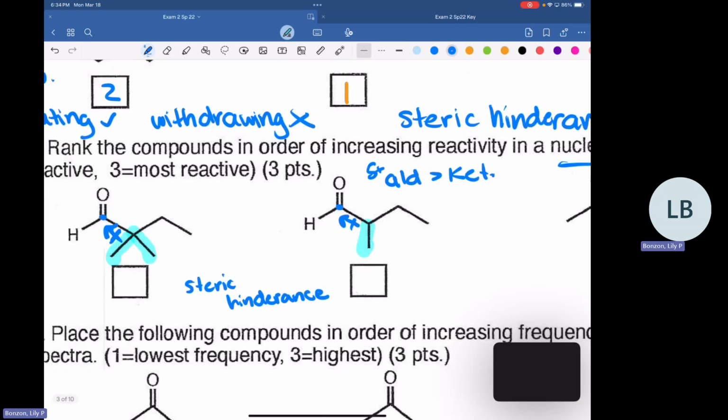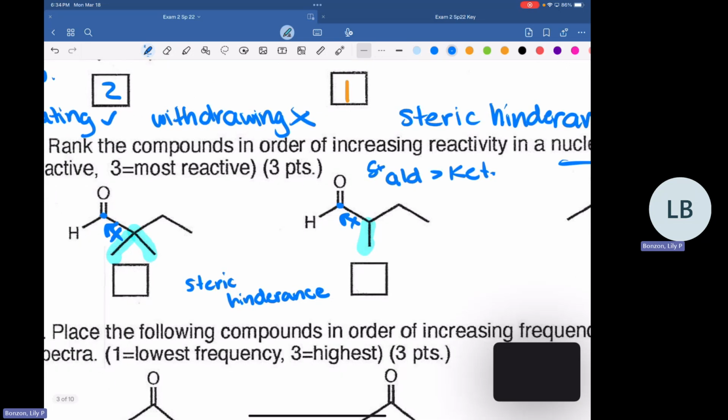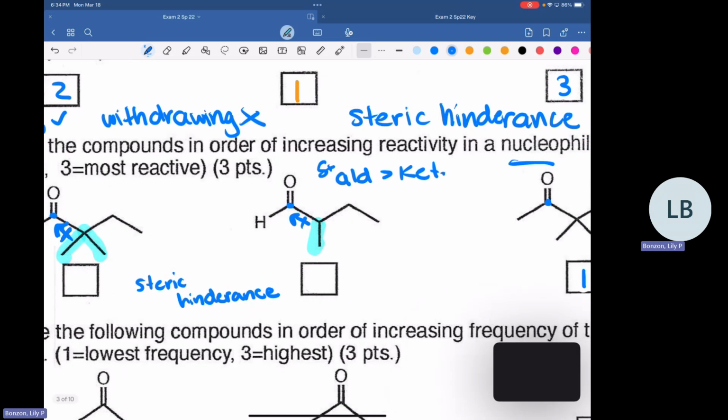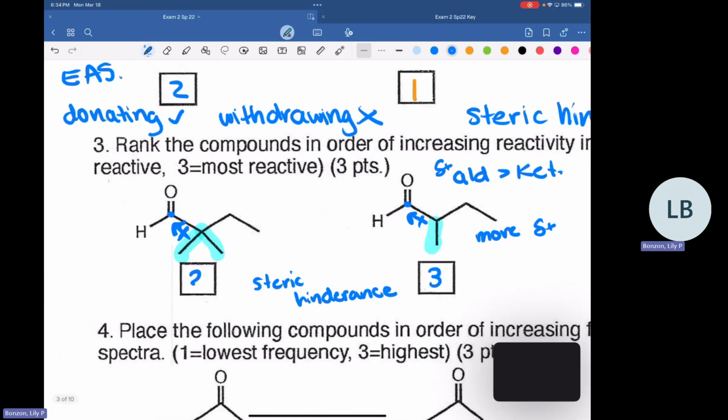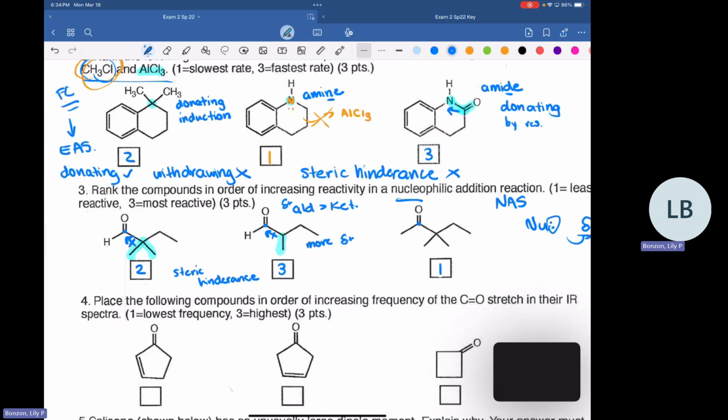So the left structure can donate more electron density to that partially positive carbon than the middle structure. So the middle is going to be more partially positive and therefore more reactive. So this one's going to be the most reactive, and this one is going to be the middle.